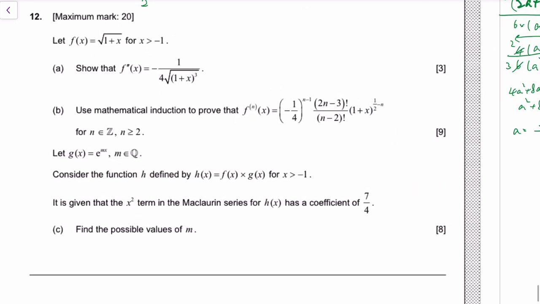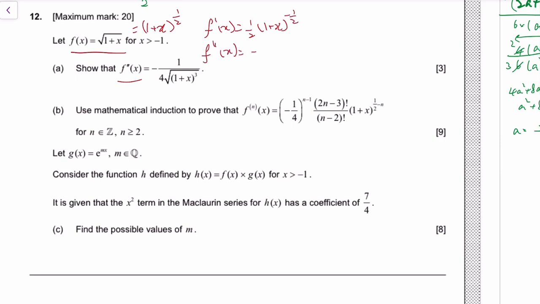Last question. Function, second derivative. So this is 1 plus x to the power of half. So the first derivative is chain rule. So this would be easy for everyone.